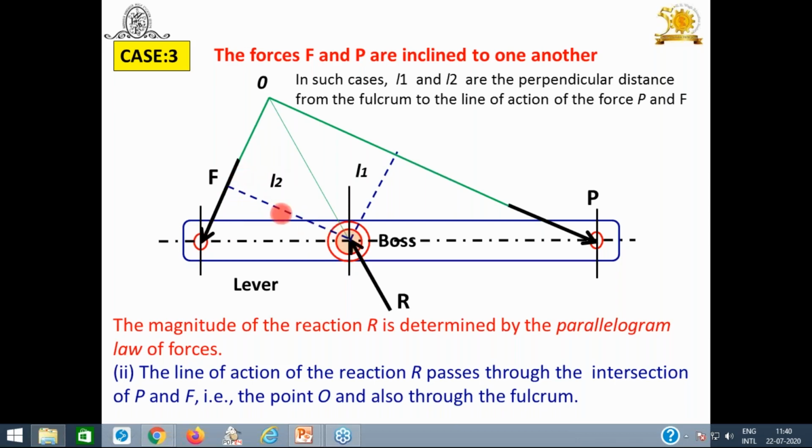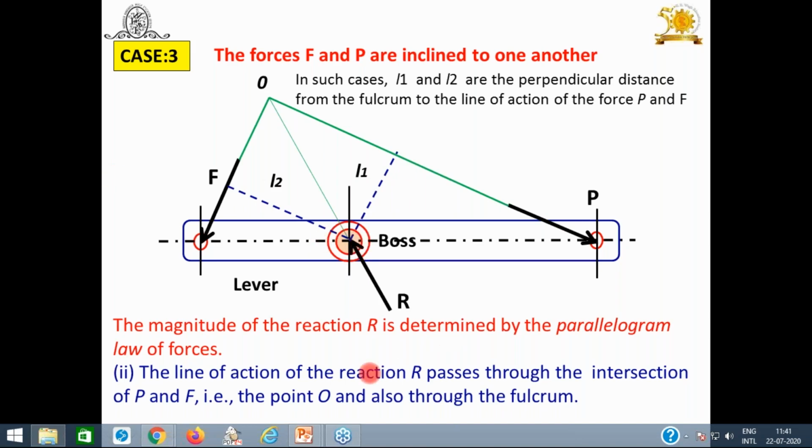L2 is the perpendicular distance from the pivot to F. And similarly, you can extend the effort P, and L1 is again the perpendicular to the effort P. Look at this, perpendicular to the line of action of force P up to the pivot. That means when forces P and F are inclined to one another, the important thing is to locate L1 and L2 perpendicular to the forces, and each distance you have to measure from the pivot. Try to understand.